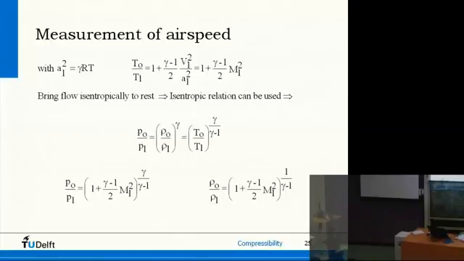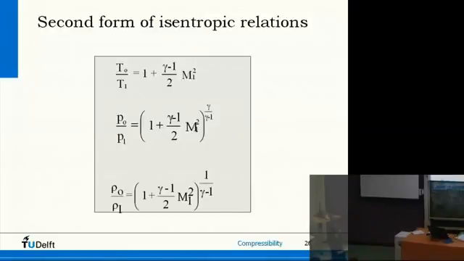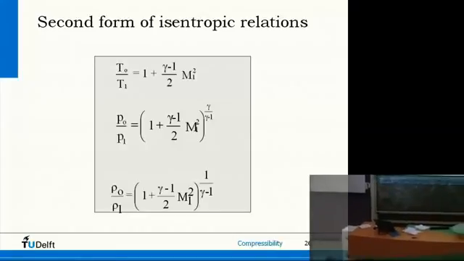So then we have these and these from the isentropic flow relations. I think I have a summary slide. It's the same. It's gray, so it means that you really have to remember. On the exam, we might ask you to derive these from the energy equation and the isentropic flow.